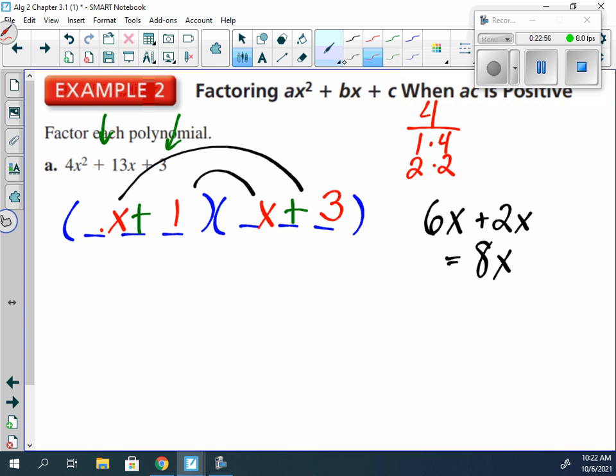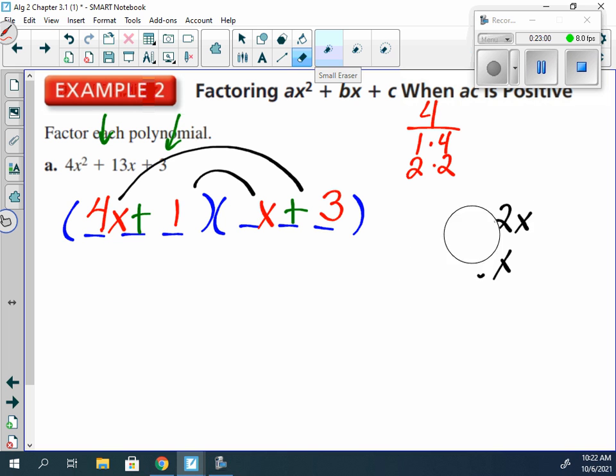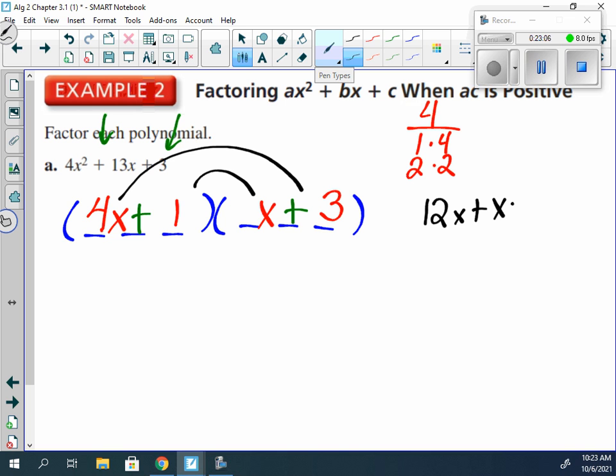4 and 1. And that's exactly what we wanted, yes? Now with 4x and x, we could actually flip it, because switching the 4 and 1 would actually change it, yes?